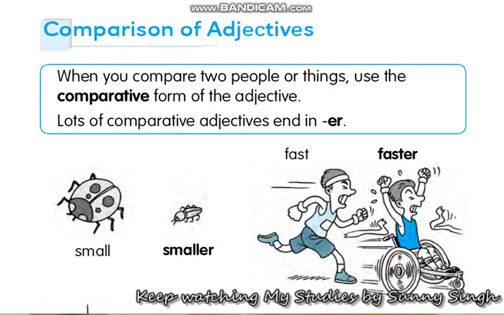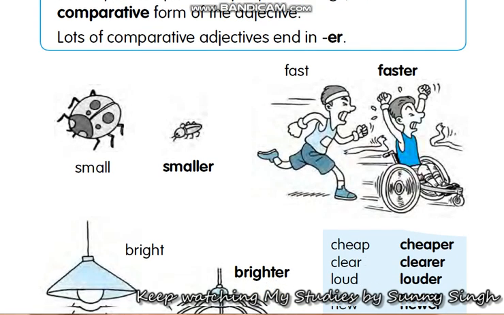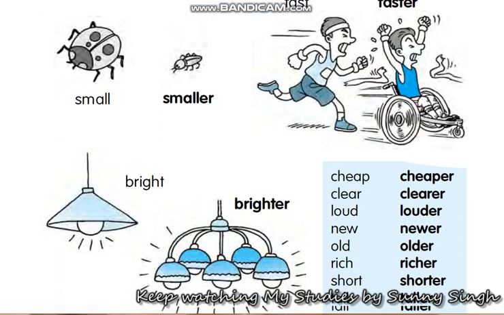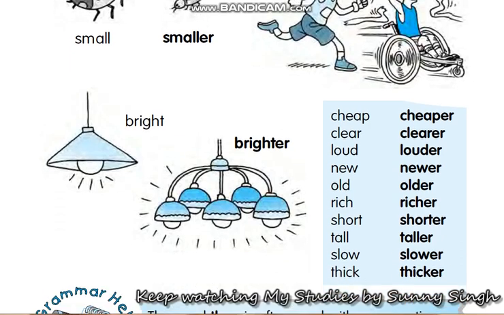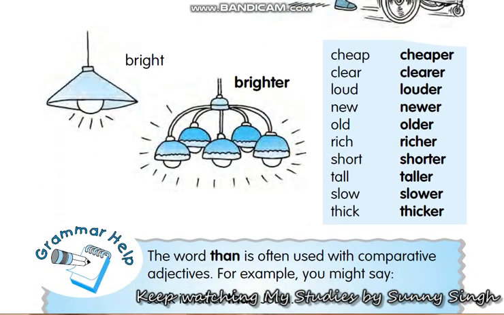So to form the comparative degree, mind it, we use er for common words. Most of the words take er. You can see the examples: bright, brighter; cheap, cheaper; clear, clearer; loud, louder; new, newer; old, older, and so on.